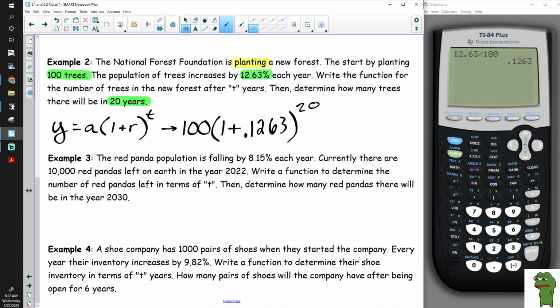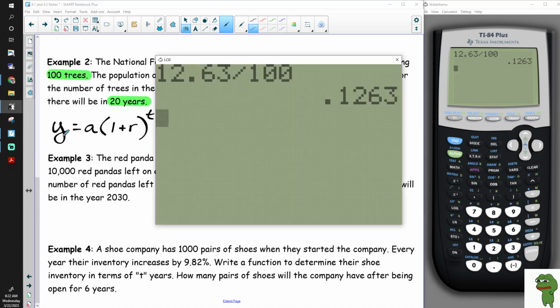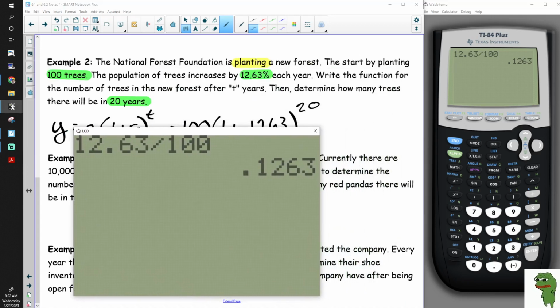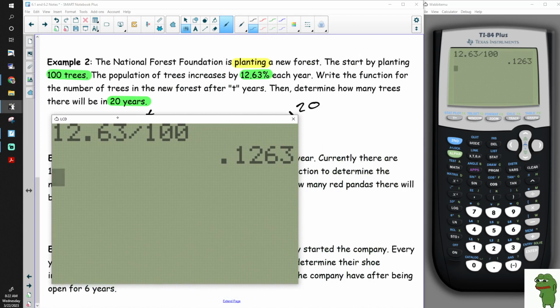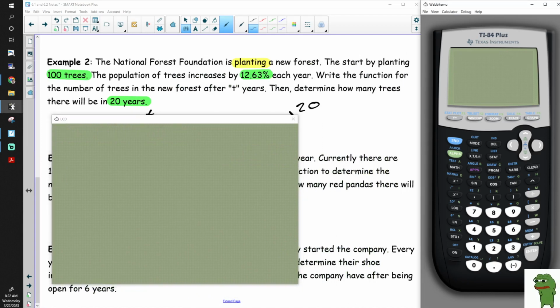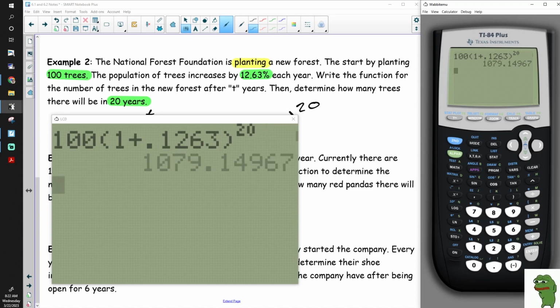So I'll bring up the big screen. So we had 100 trees. 1 plus, remember it's plus because it is growth, plus .1263, the power of 20. This will tell us how many trees there will be in 20 years. We click enter.